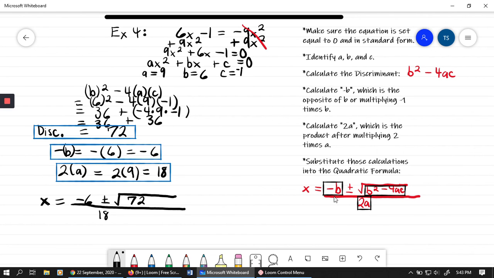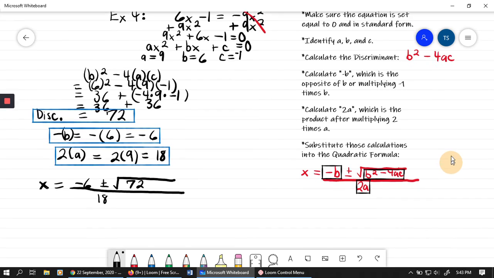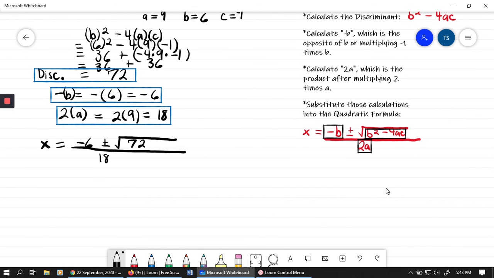So we have substituted those calculations, those parts, into the quadratic formula, and now we need to see if we can simplify. And here we should be able to simplify this radical. We should be able to write that radical in its simplest radical form.